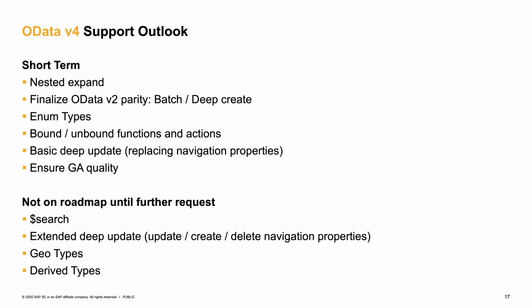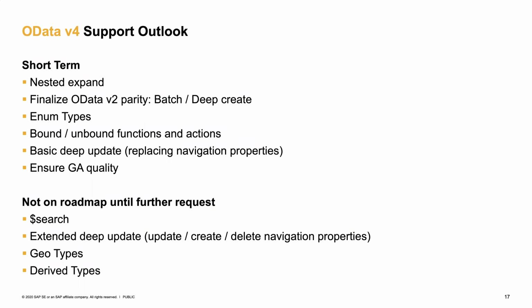As I mentioned, bound and unbound functions and actions are still missing. Then the basic deep update. We're planning on implementing the deep update, but only for replacing navigation properties. Basically, a deep update can be like a batch request, so it can get quite complicated.